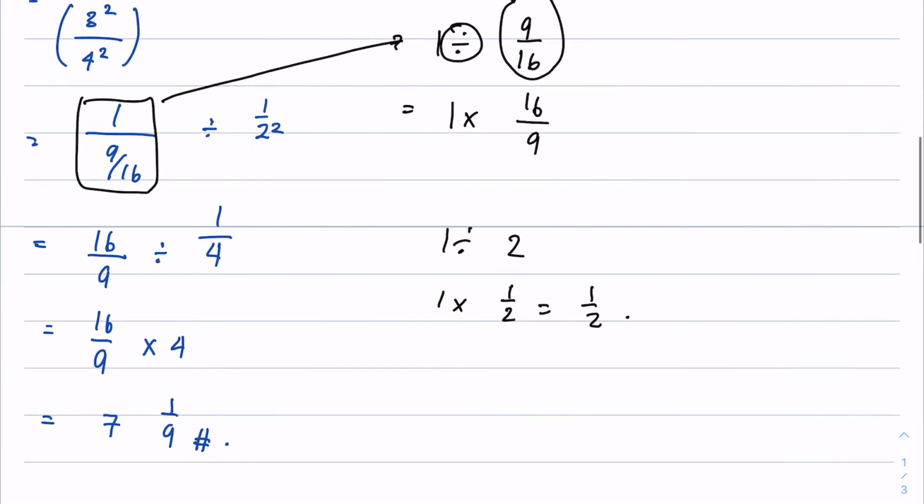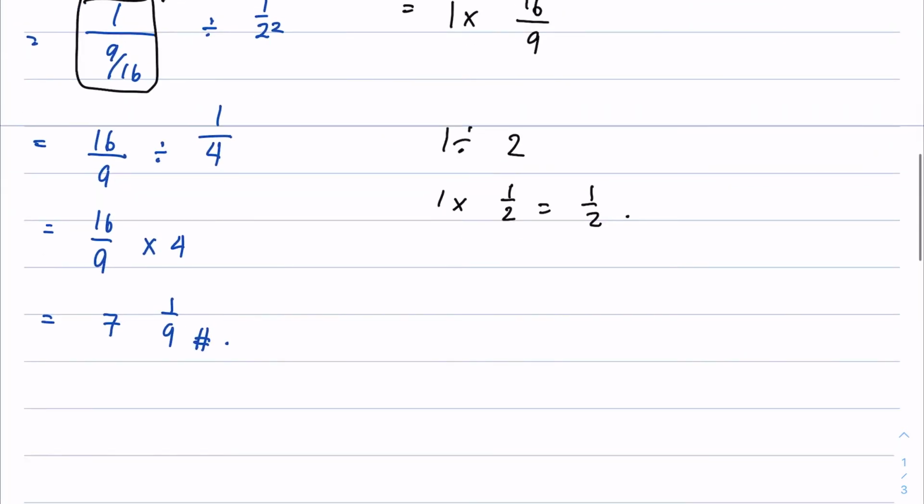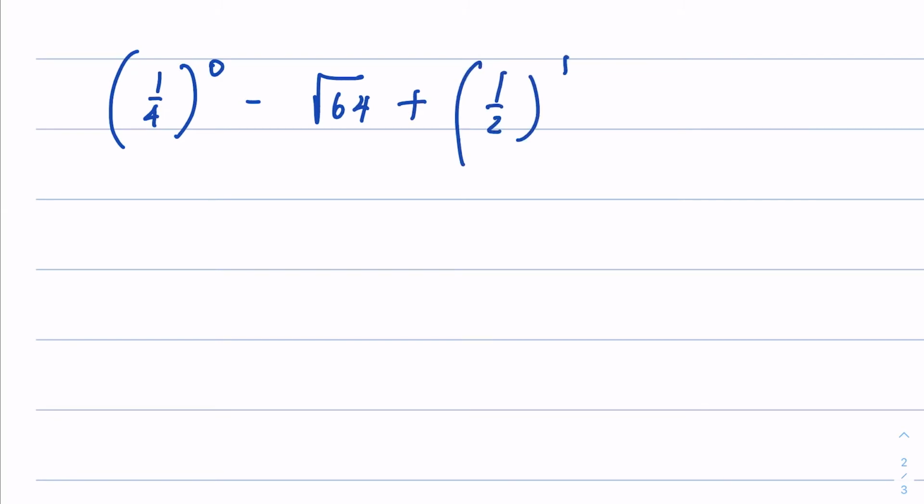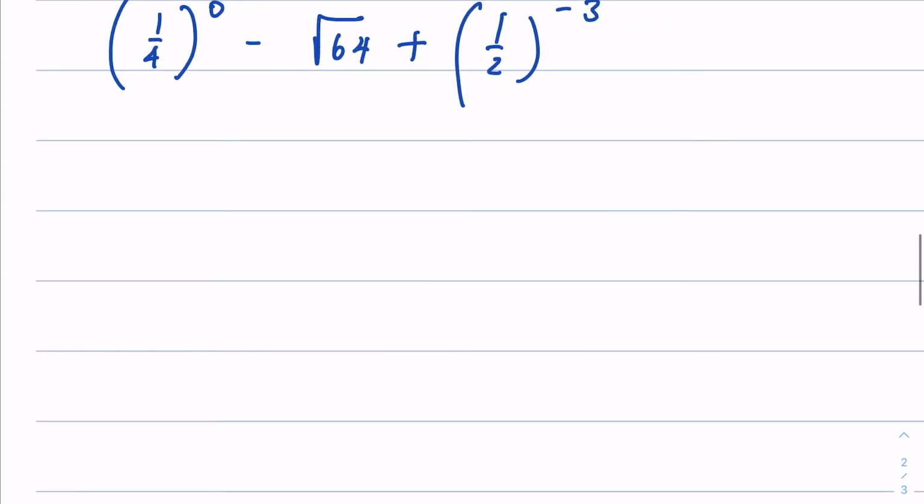And this gives you 1 over 9. Alright, so for the next question, part C. I have 1/4 to the power of 0 minus square root 64 plus half to the power of -3. Anything raised to the power of 0 gives you 1.